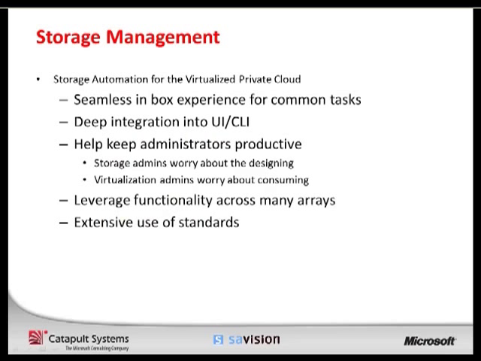VMM uses what's called the Storage Management Initiative Specification, SMI-S, to communicate with external arrays, and a provider for your SAN vendor needs to be installed to the server to unlock that functionality. Once that communication is established, you can create logical units, allocate them to host groups, and then assign them to individual hosts or to clusters as cluster shared volumes. Currently, most of the major SAN manufacturers support this specification.